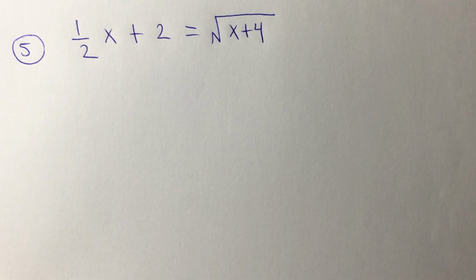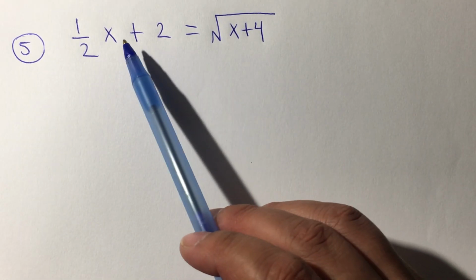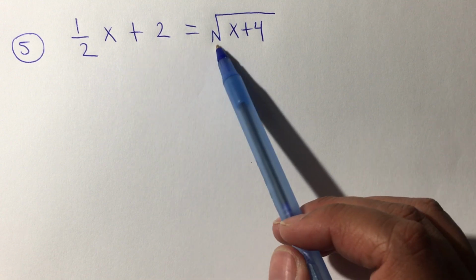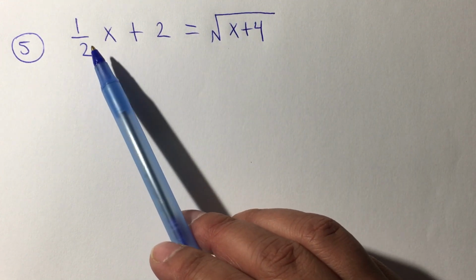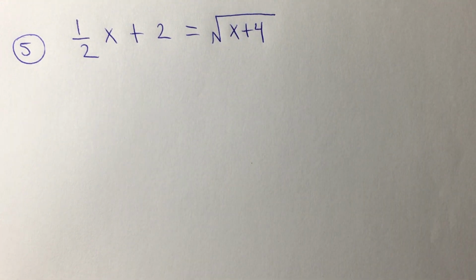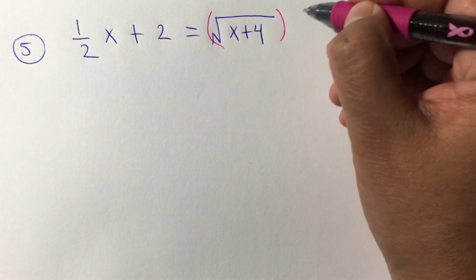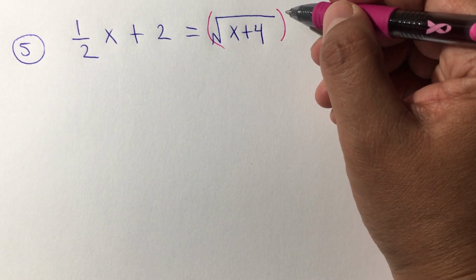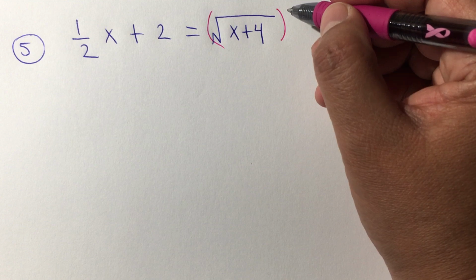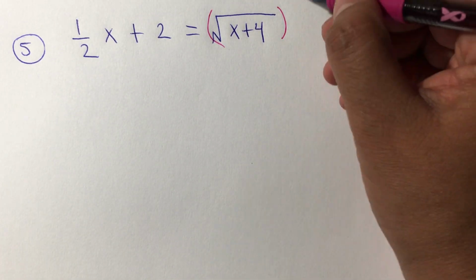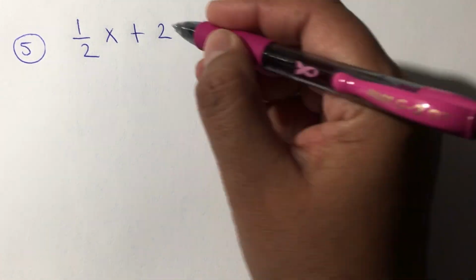Okay, for number 5, we have both variables inside and outside of the radical, but we are also working with fractions. I don't want you to be scared of fractions, and I will work with the fractions so that you continue to practice that. And so we square both sides.